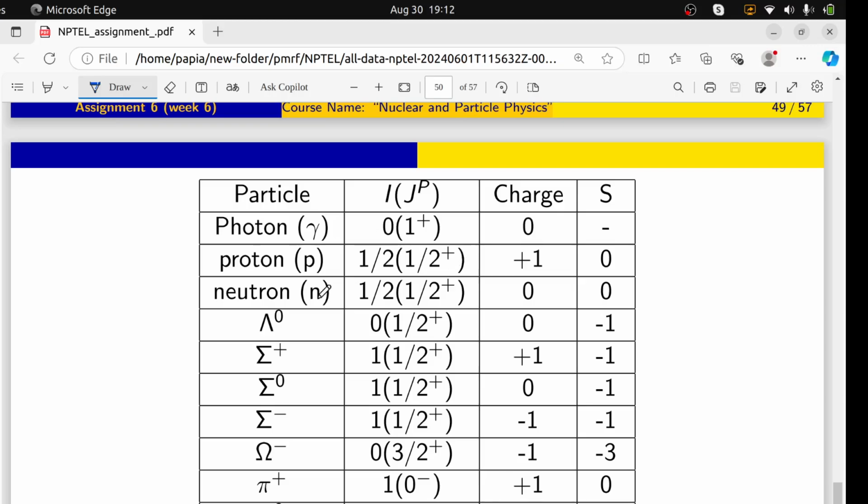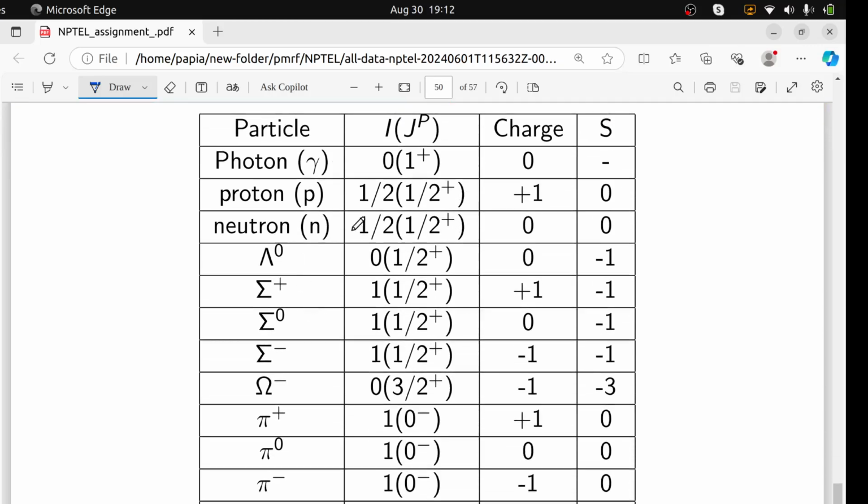Like photon, I have just tabulated here. Then I is isospin, sorry, I is isospin. And Jp, P is parity, and J is the total angular momentum quantum number. Charge is there, S means strangeness quantum number. So I have just mentioned that here.